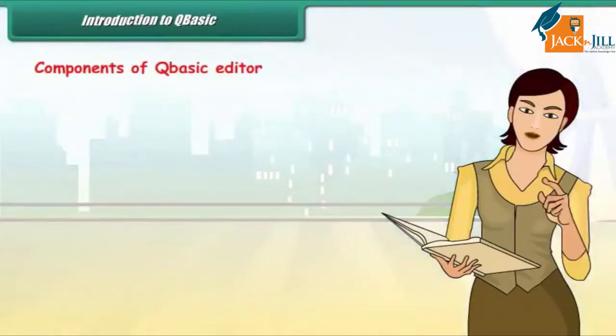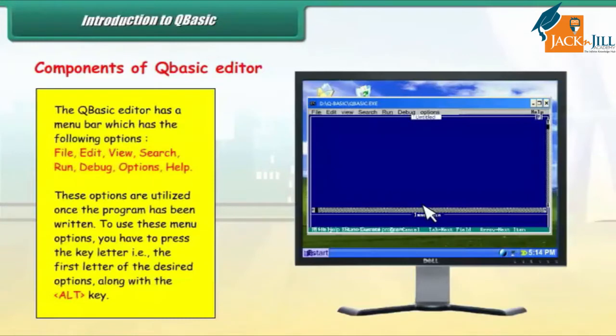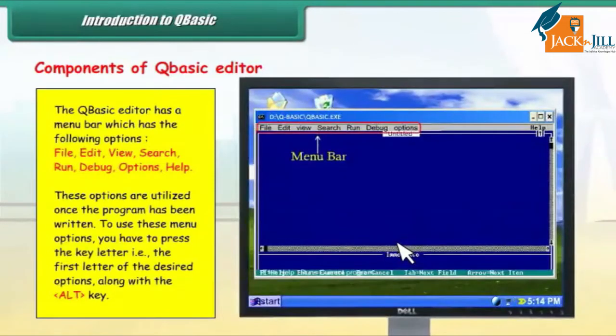Components of Qbasic editor. The Qbasic editor has a menu bar which has the following options: File, Edit, View, Search, Run, Debug, Options, Help. These options are utilized once the program has been written.